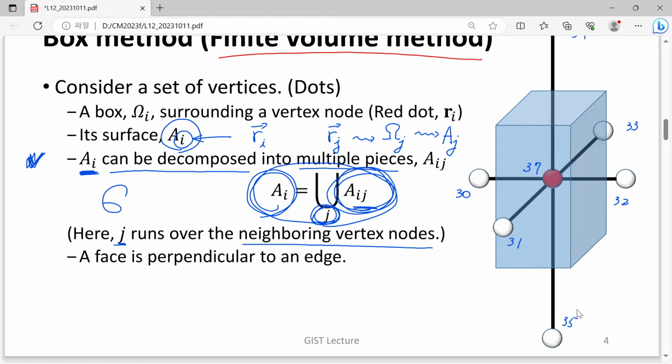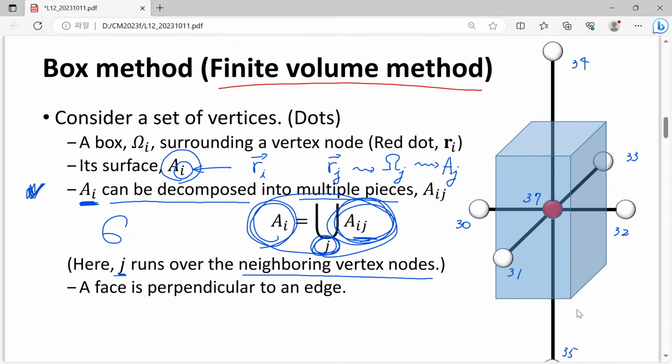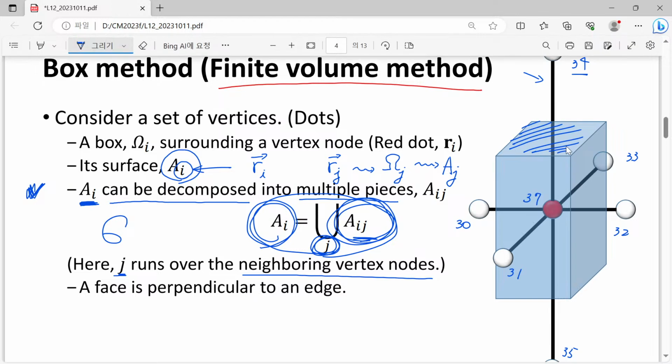But anyway, let's assume that we have a certain indexing system. Then we can find 6 surrounding neighboring vertices, and each vertex corresponds to an edge here, the line segment connecting two vertices, and this edge once again corresponds to a surface.